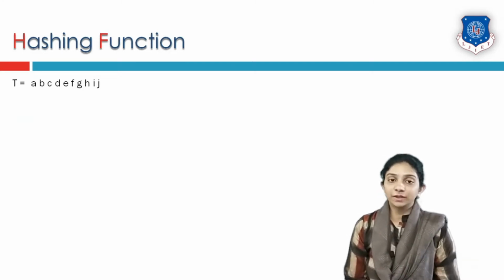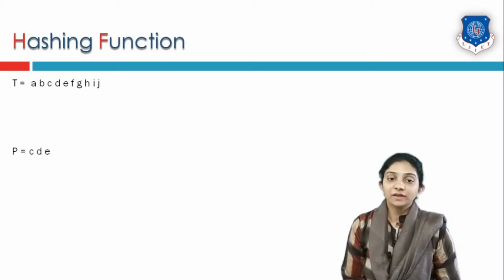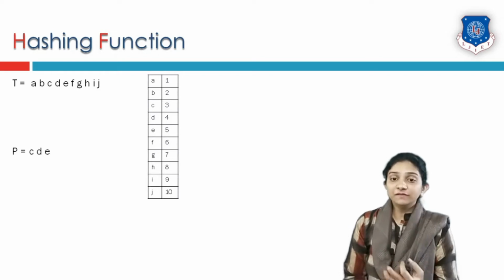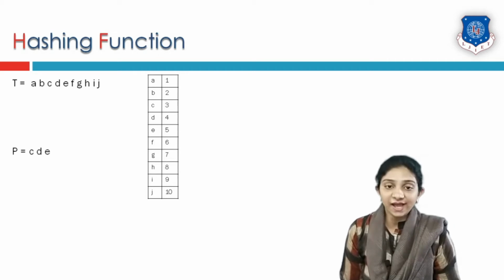Say for example, input is given as a string A, B, C, D, E, F, G, H, I, J and pattern P is given as C, D, E. Before we start performing hashing, we first have to assign a code to each and every character.